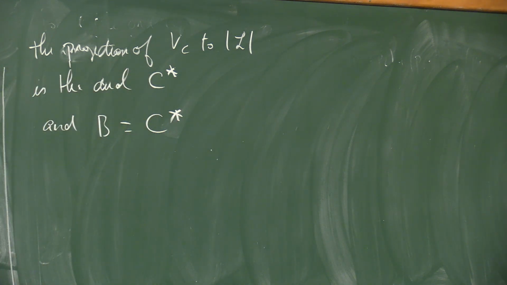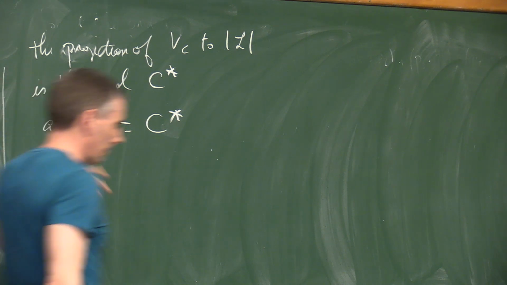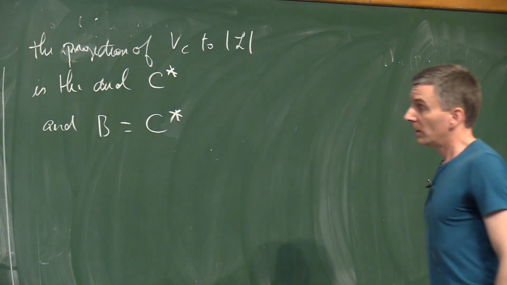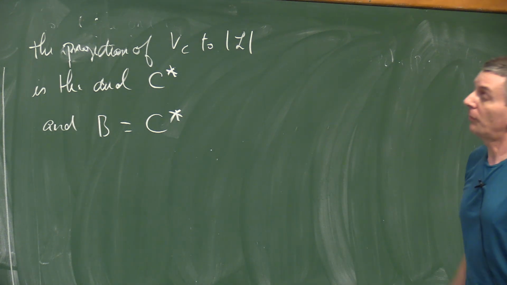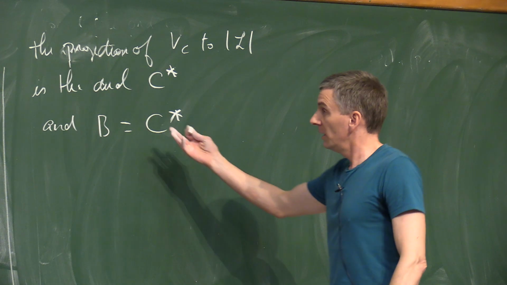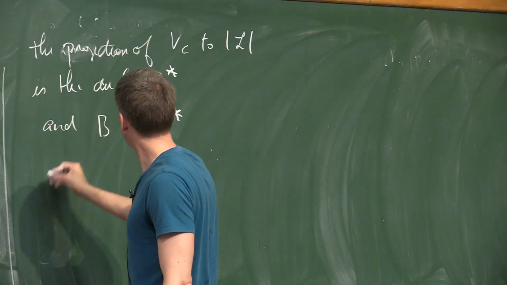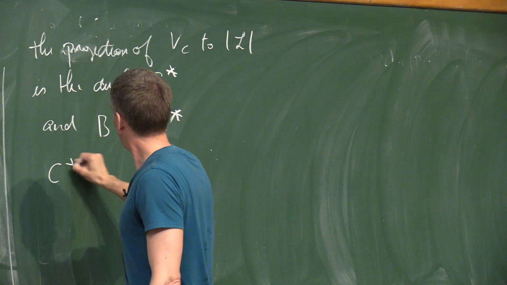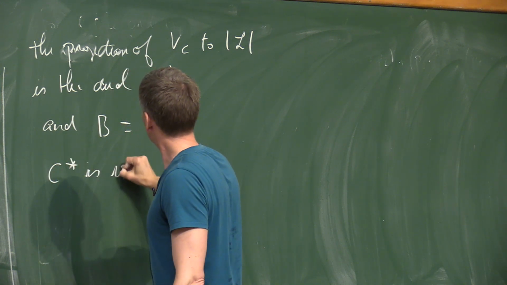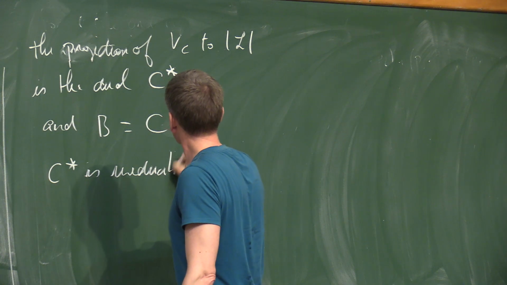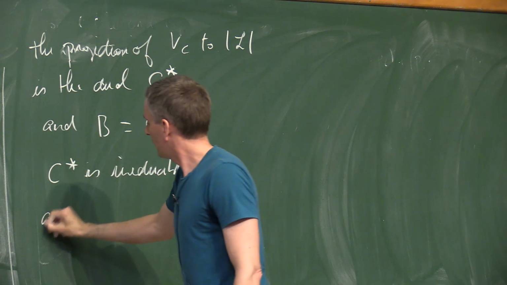And now, there are some general results about dual varieties of curves, in particular to compute their properties. They are very singular, but what we can see is that C star is irreducible, and we can compute its degree.